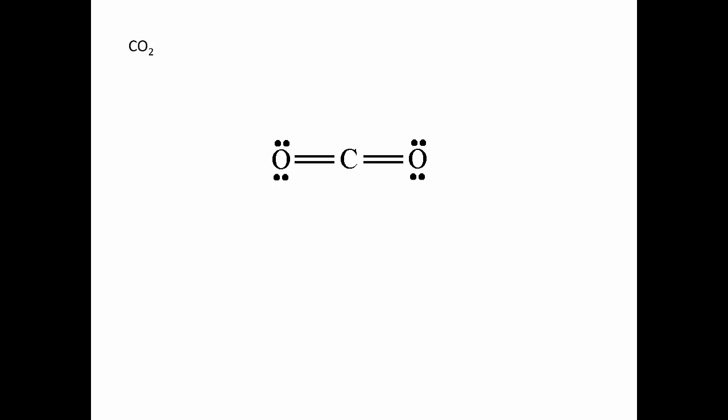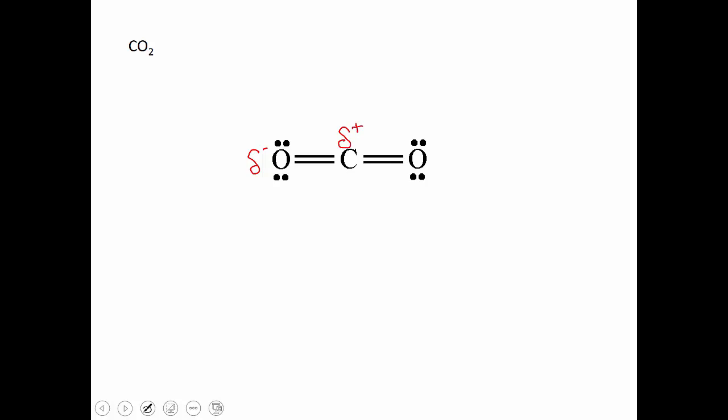So what we need to do is compare the electronegativities for carbon and oxygen for each bond and determine where our partial positive and where our partial negative charge is. When we take a look at their electronegativities, we know that oxygen has a higher electronegativity. So in this bond, oxygen's going to have a partial negative and carbon's going to have a partial positive.